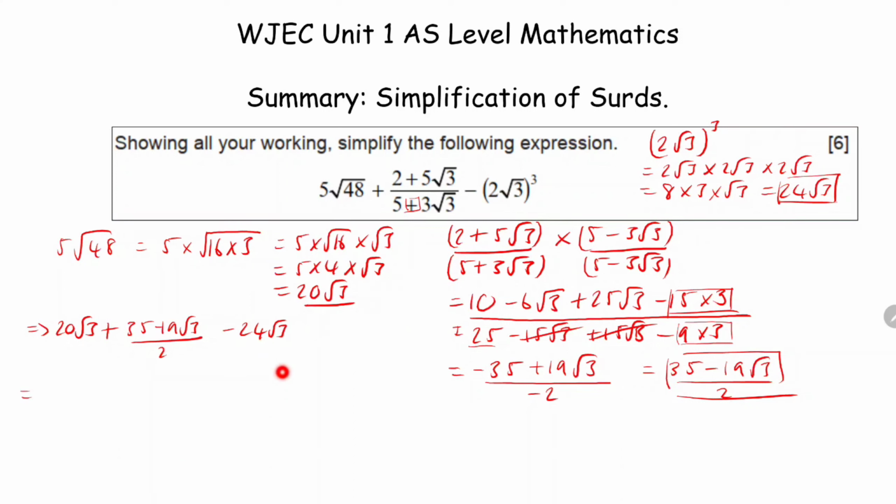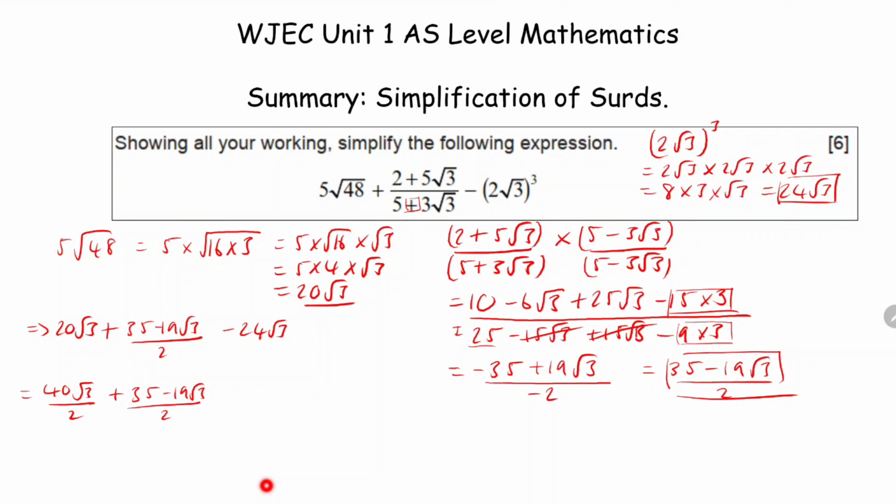Now you notice the middle term is over 2. So we might want to write the first and last term as a fraction over 2. If we double the 20 root 3, that becomes 40 root 3 over 2. The middle term we can leave as 35 minus 19 root 3 over 2.